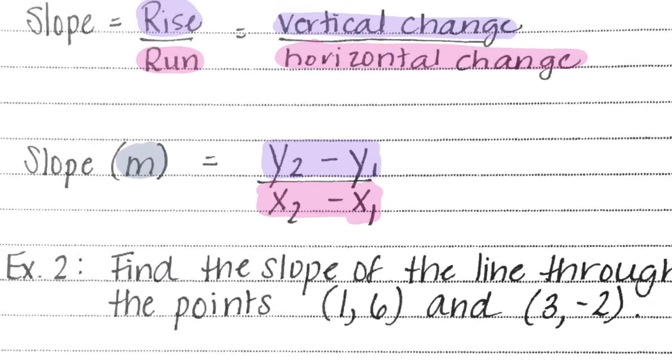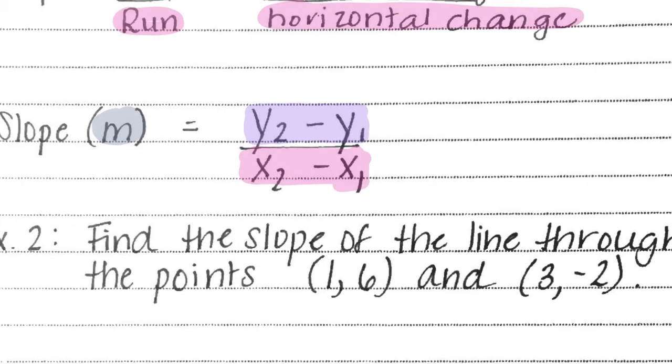So like I said, let's put it into play. Number 2 says find the slope of the line through the points (1, 6) and (3, -2). We're just going to look at this as our first point. We're going to call this x₁, y₁. The second point we're going to call x₂, y₂.